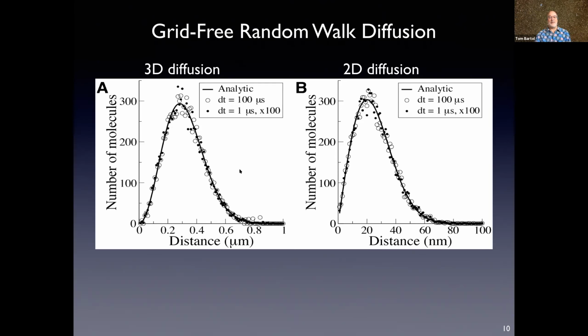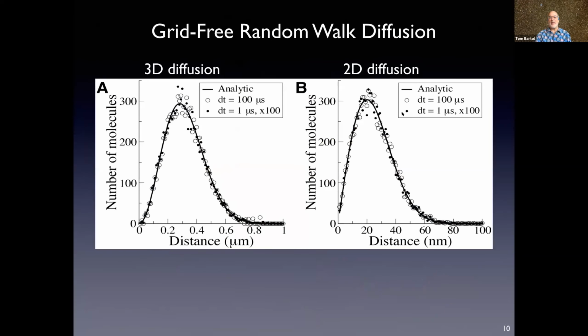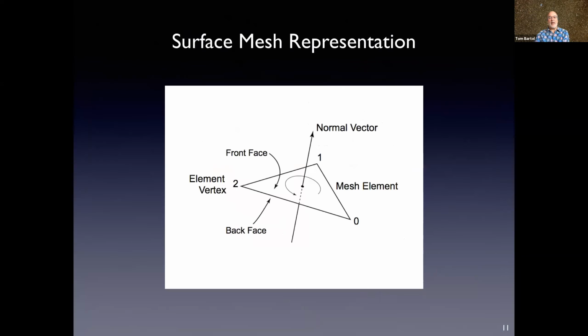This is what happens when you do Monte Carlo sampling of cumulative distribution functions. It's really a beautiful, elegant thing. And of course, in 2D, we also can validate and verify that we get the right answer. Okay, so that's how our random walk diffusion works in unbounded 3D space.